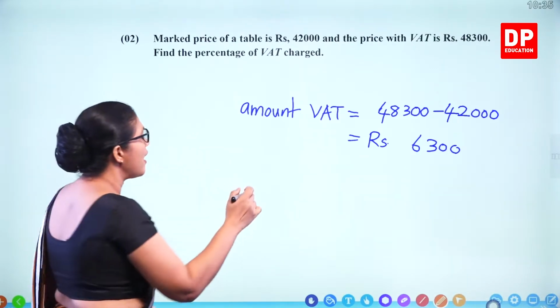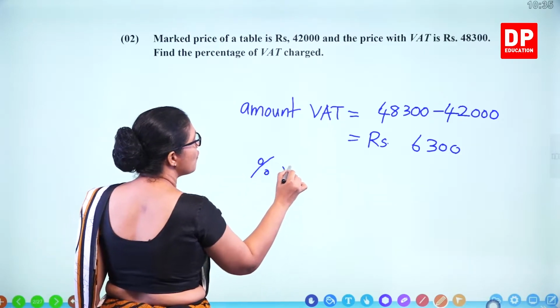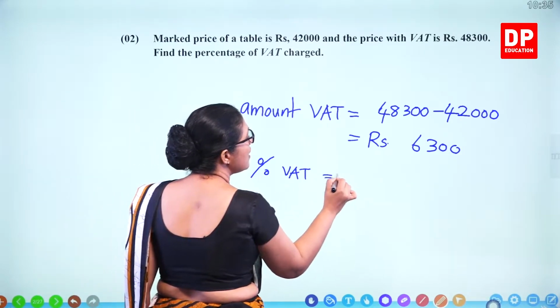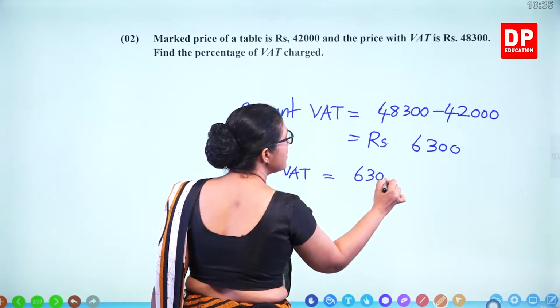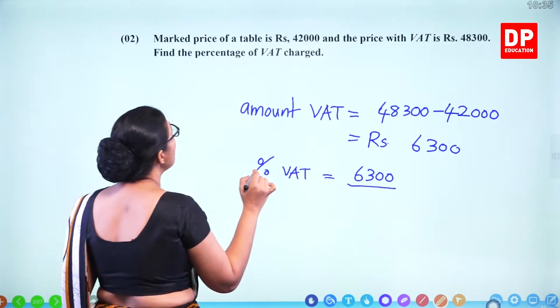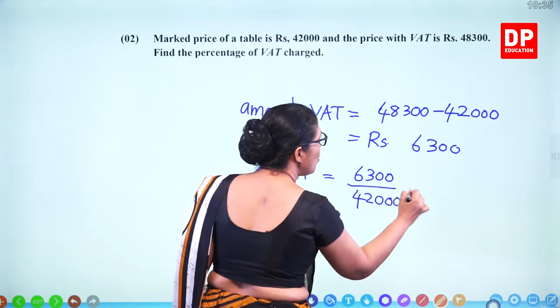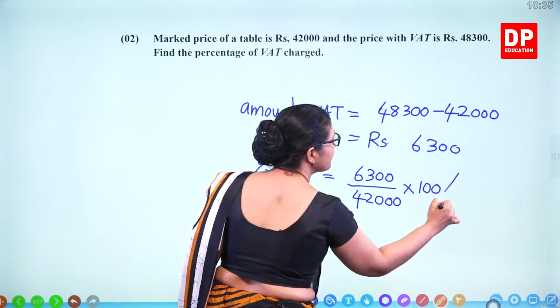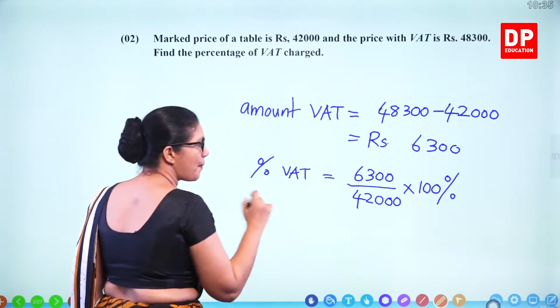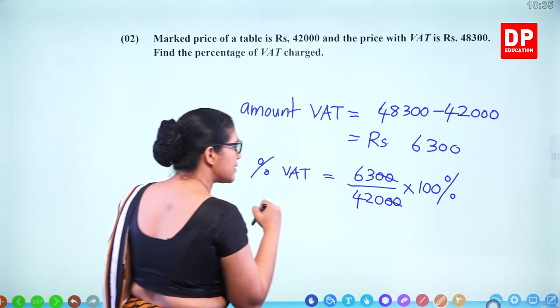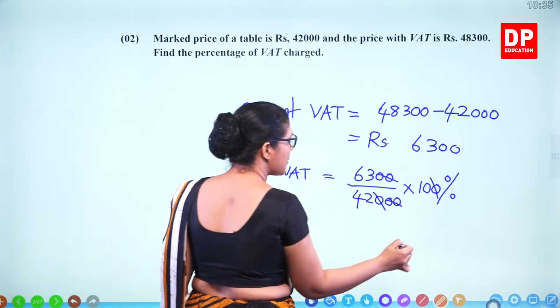That is the VAT amount for 42,000 rupees. You can find the percentage of VAT charged: 6,300, the amount of VAT, divided by the marked price, 42,000, into 100. 2 zeros get cancelled out and 1 zero with this.